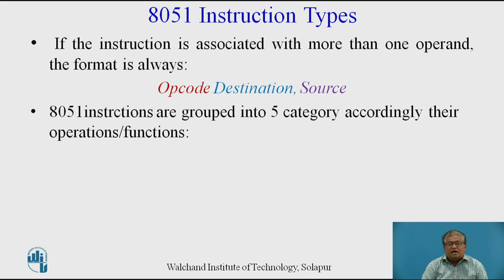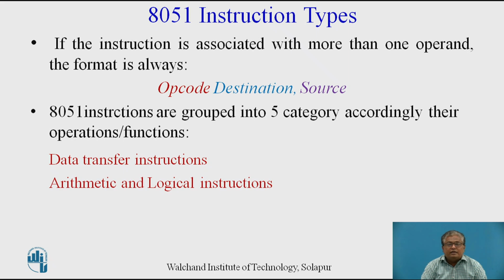8051 instructions are grouped into 5 categories according to their operations and functions. The first group is the data transfer instructions, which are used to move the data from source to destination. The arithmetic and logical instructions are used to perform various arithmetic operations and logical operations like AND, OR, NOR.